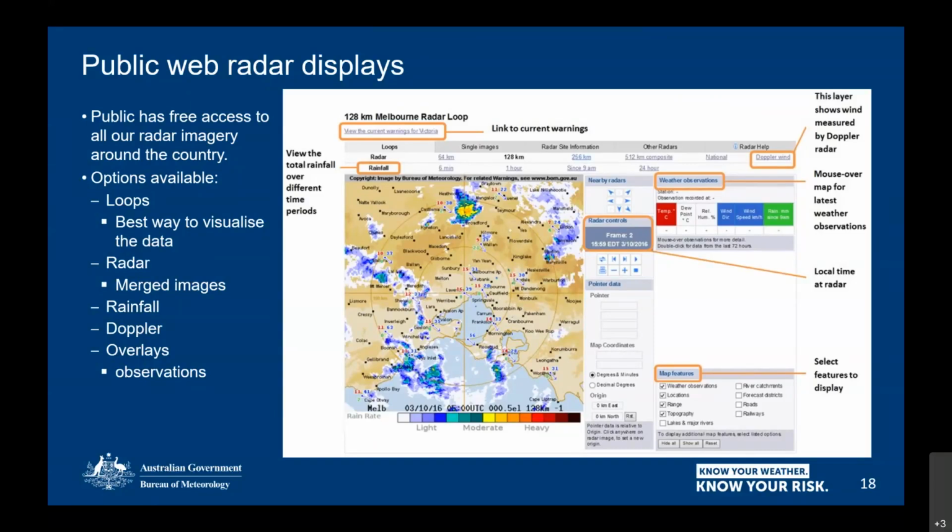So what that means is any of the nearby radars we are overlaying together so that we get a bigger radar image, because that 512 kilometres is just too far for one single radar to actually be able to detect reflectivity for us.